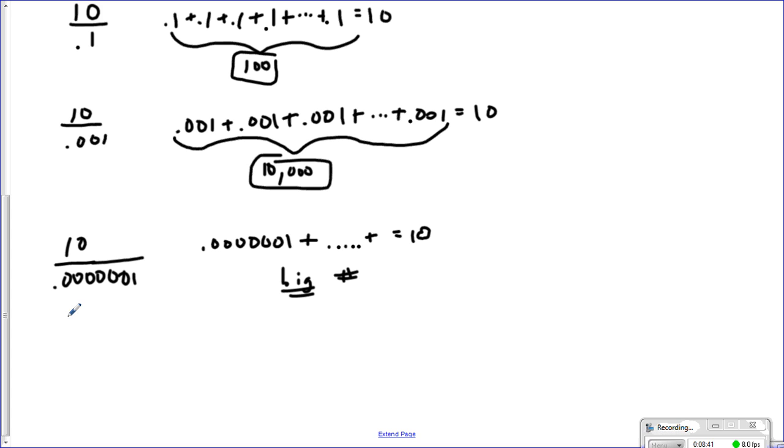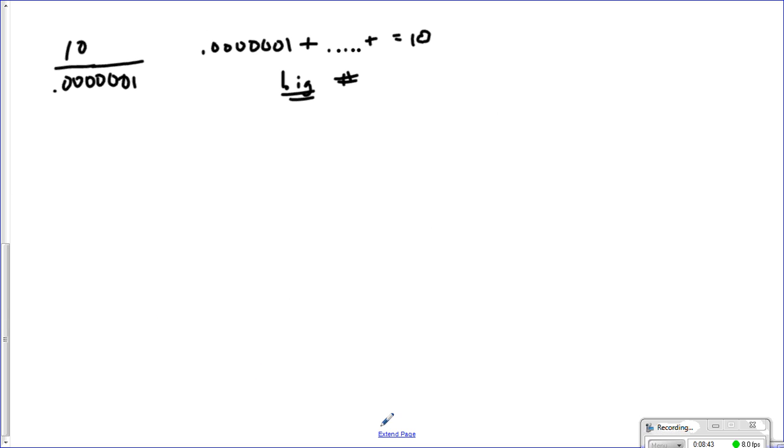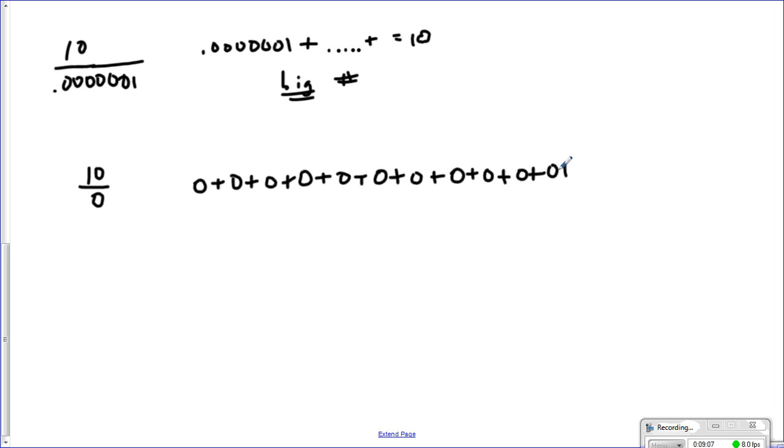But what if, here's the point I'm leading to, what if I divide 10 by 0? What are we asking? We're asking ourselves, how many zeros does it take to get to 10? Am I getting any closer? Plus 0, plus 0, plus 0, plus 0.